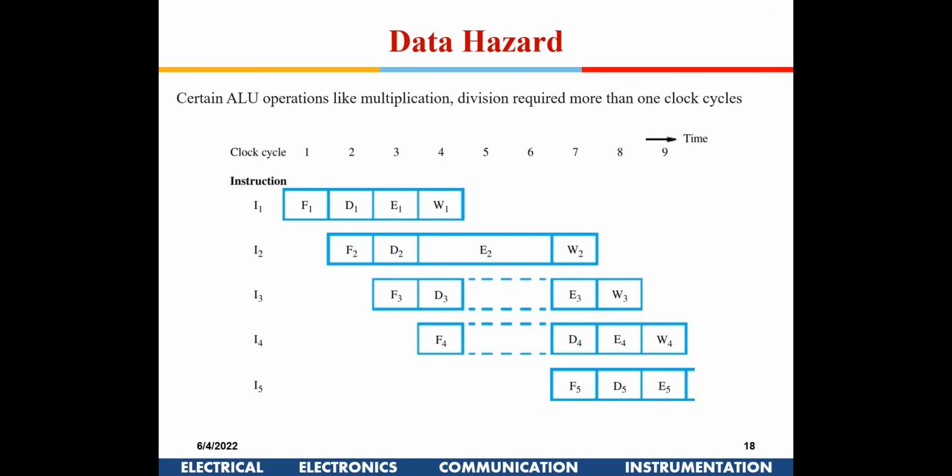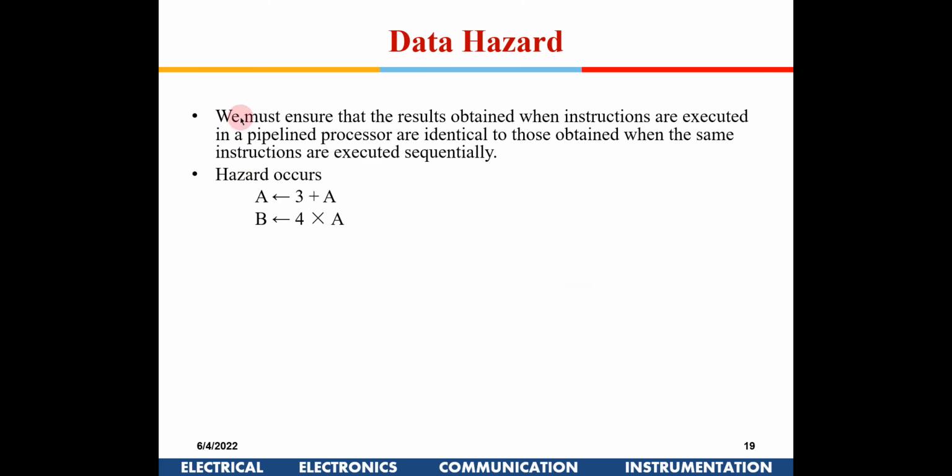We can take a few more examples. Suppose you have two instructions running one after the other. Here we are telling A is 3 plus A, so register A needs to be updated with A plus 3.